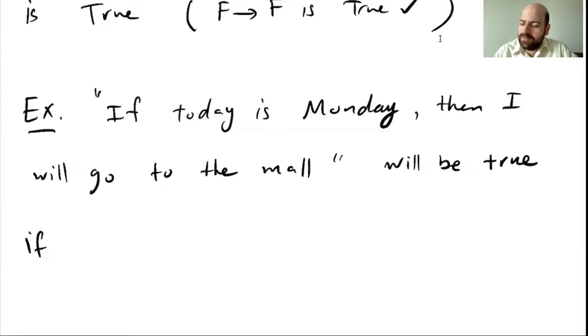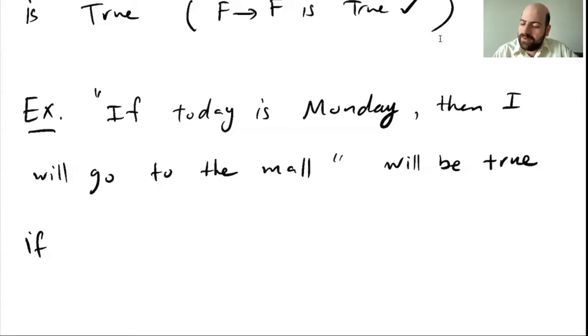So consider P implies Q. Then the converse of P implies Q is defined as Q implies P. This is the first definition.